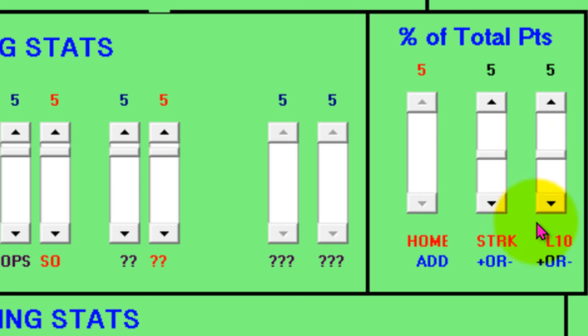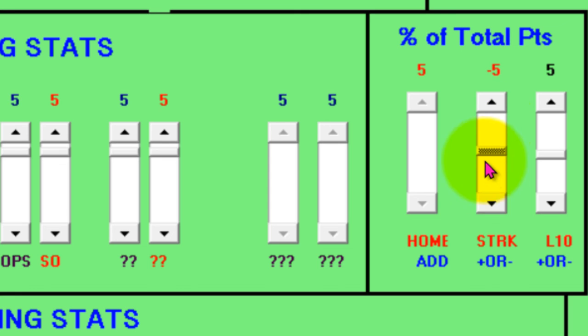These, for streaks and the last 10, you can give values for the highest streak, so you can continue to give points for that, or you can come down here and change it to negative. These are the only 2 that would have negative. So in other words, a high streak would get negative points because you believe that they can't keep up the streak and they're going to lose.